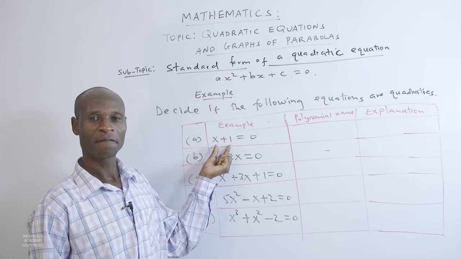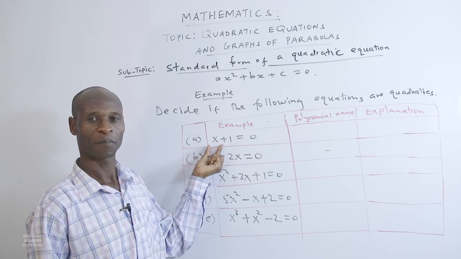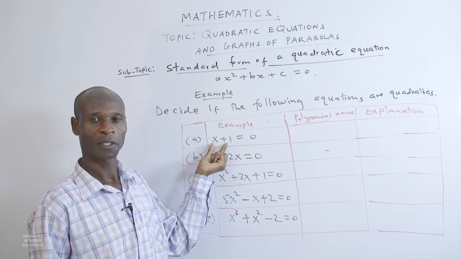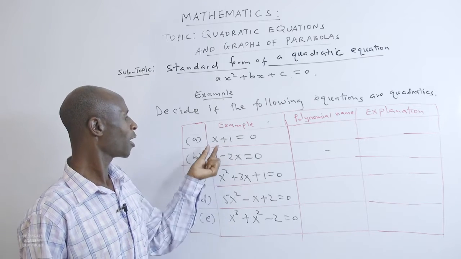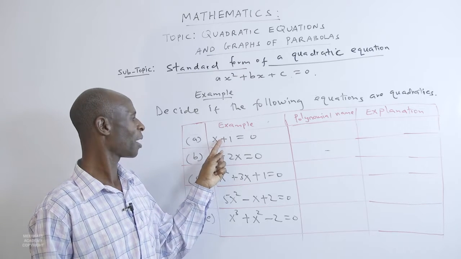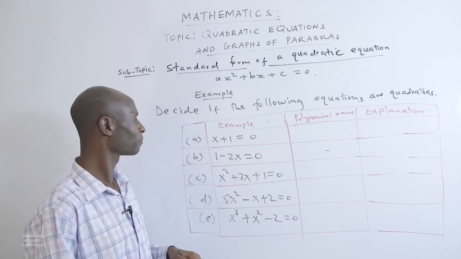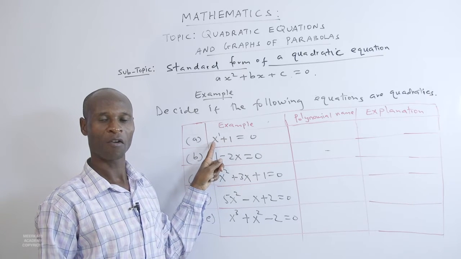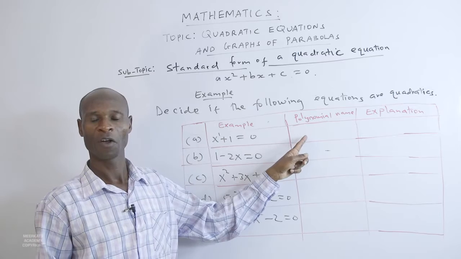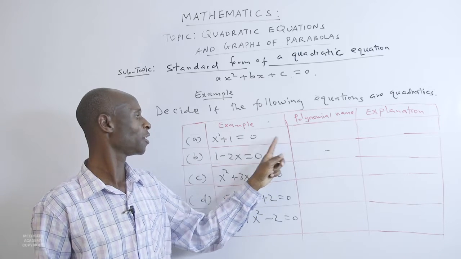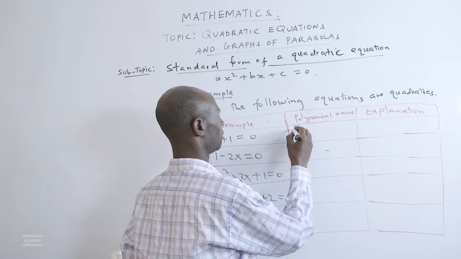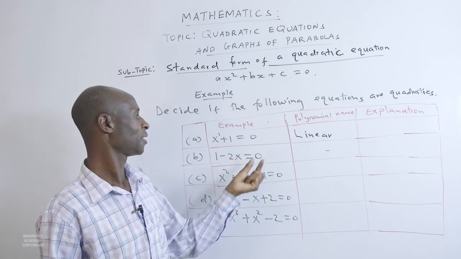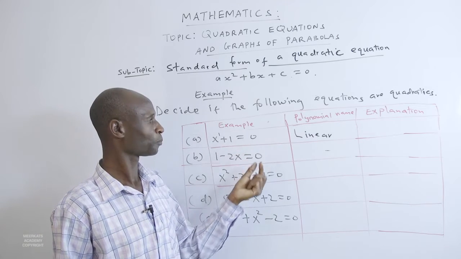Now, we are going to identify the first part, A, by studying the equation given. When we look at part A, the highest power of x is 1, and therefore the polynomial is called linear. So this is a linear polynomial.